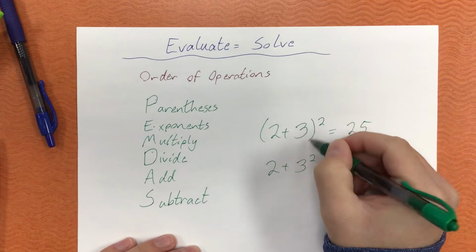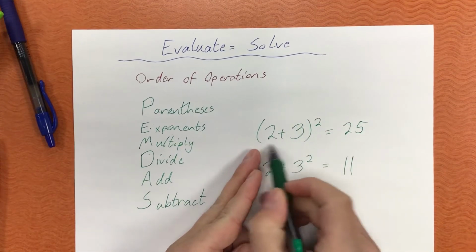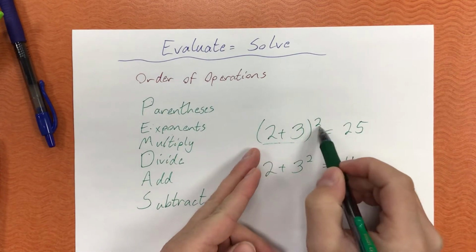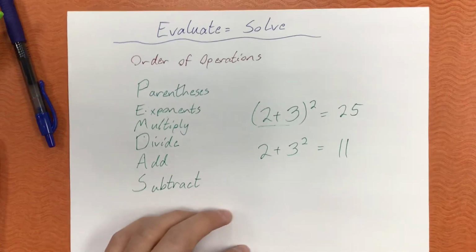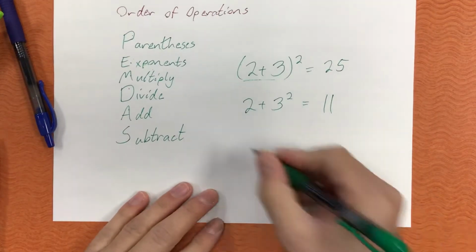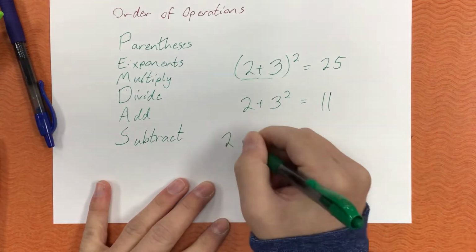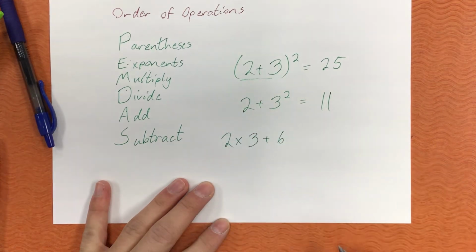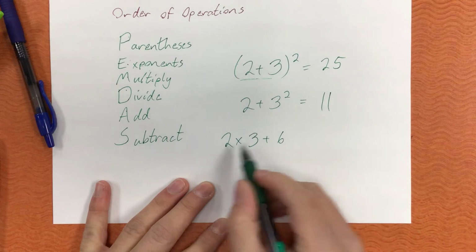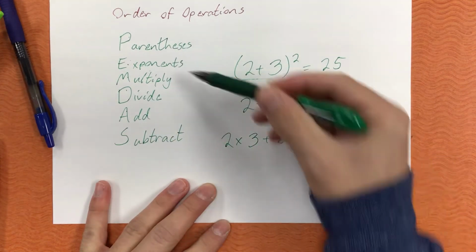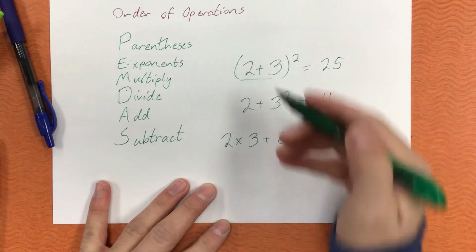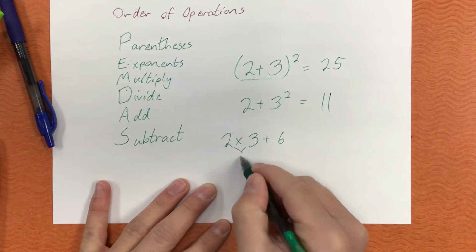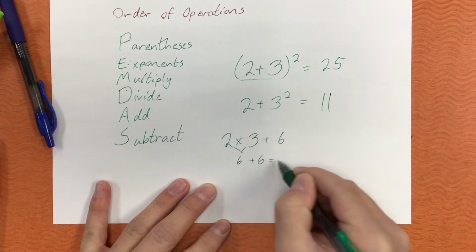Over here, I did the things inside the parentheses first, then I did my exponents, and then I added. If we were doing an easy math problem like 2 times 3 plus 6, going in order, I don't have parentheses, I don't have exponents, multiply: 2 times 3 is 6, plus 6 is 12.